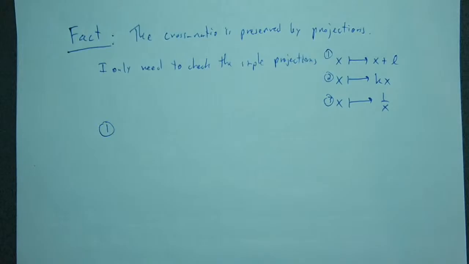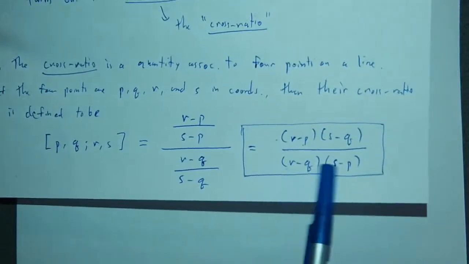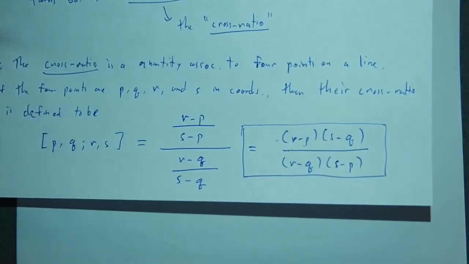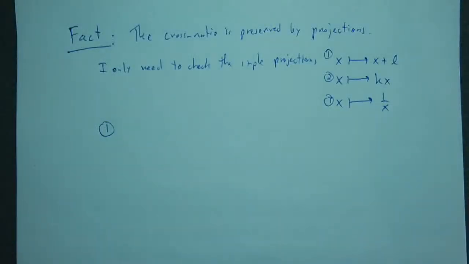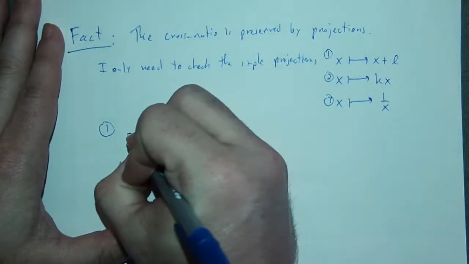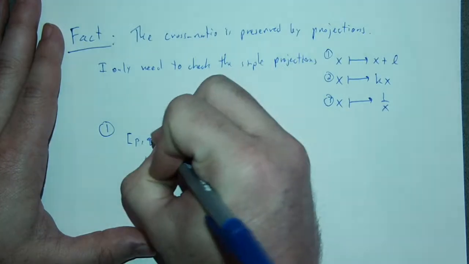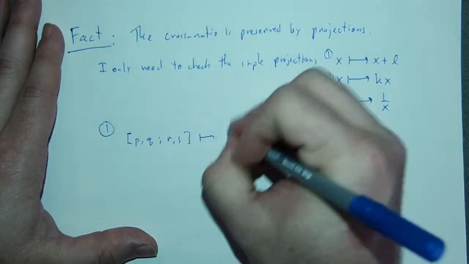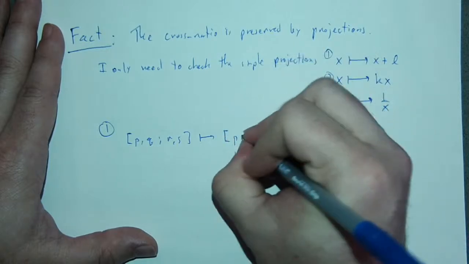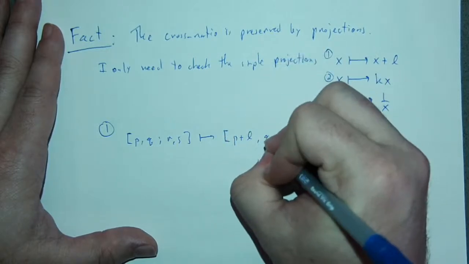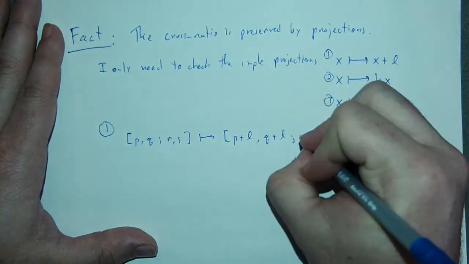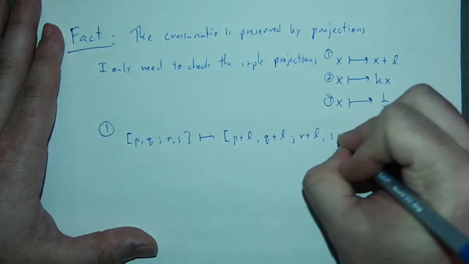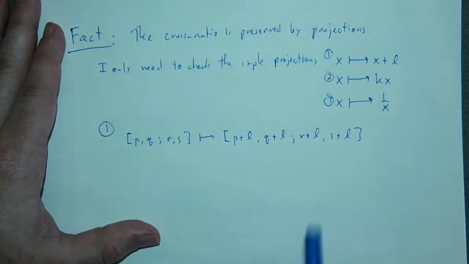Bringing back my cross ratio for a second, if I do that, what happens? The cross ratio PQRS gets sent to P plus L, Q plus L, R plus L, S plus L. But what is this?